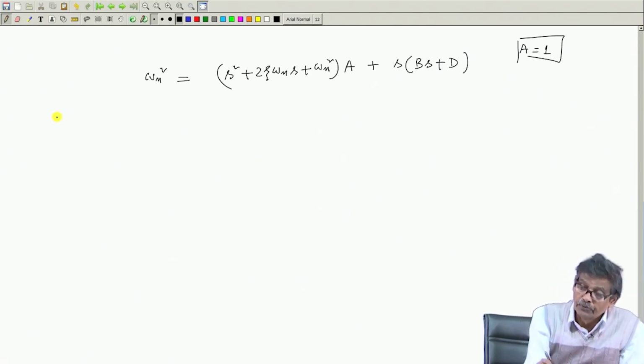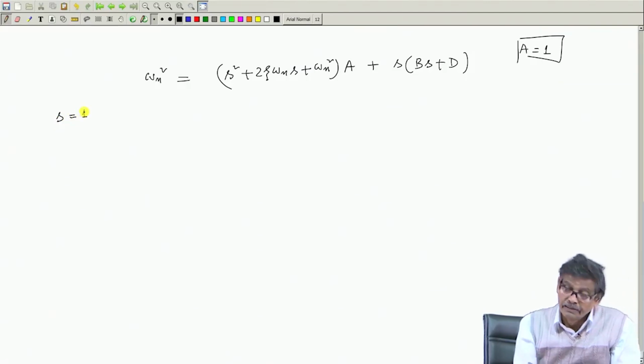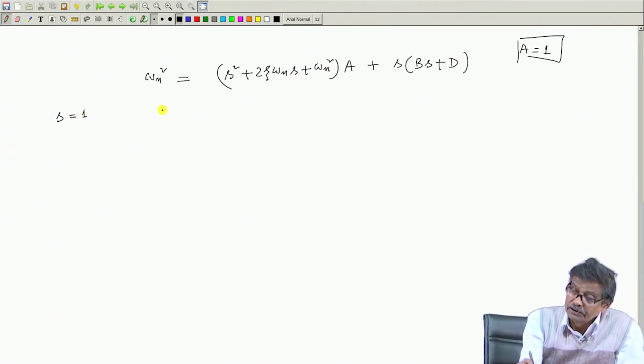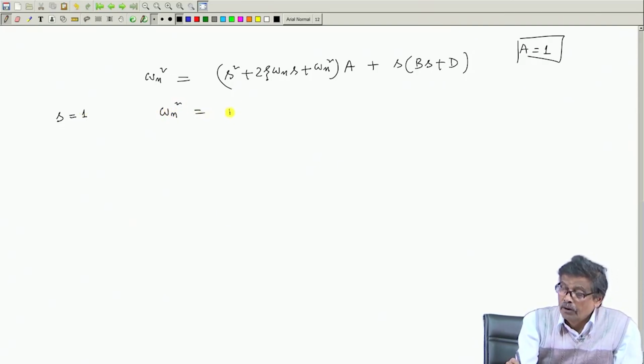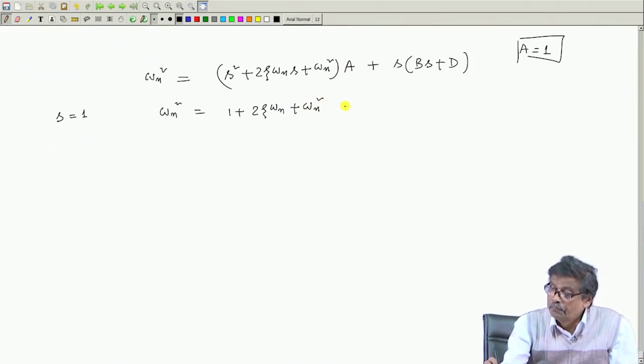Therefore, I will now put S equal to plus 1. If you put S equal to plus 1, it will be omega n square is equal to 1 plus 2 zeta omega n into 1 plus omega n square into 1, plus the whole thing into 1 times B plus D.